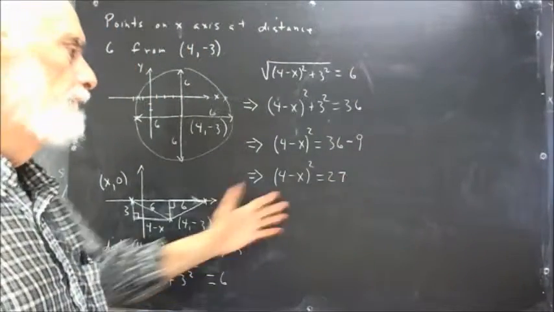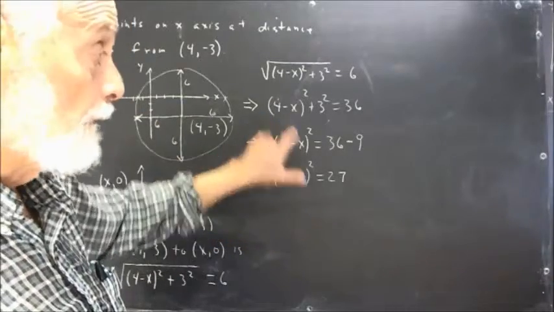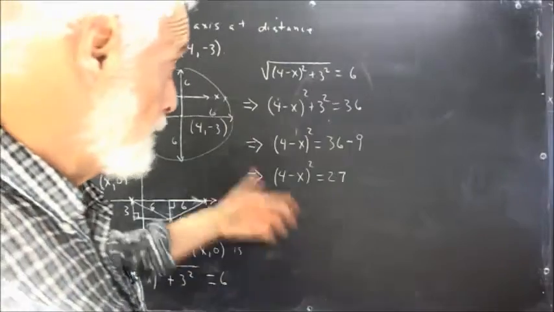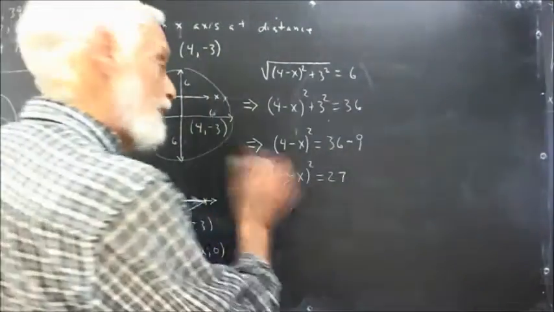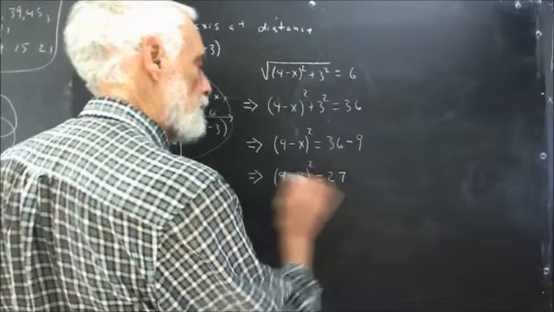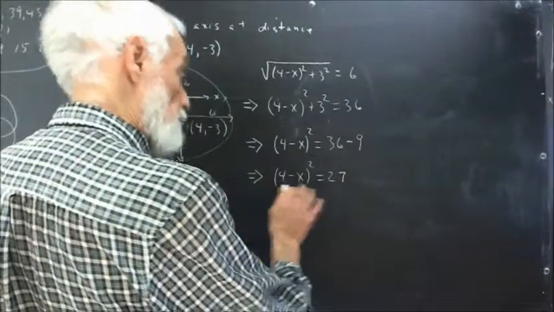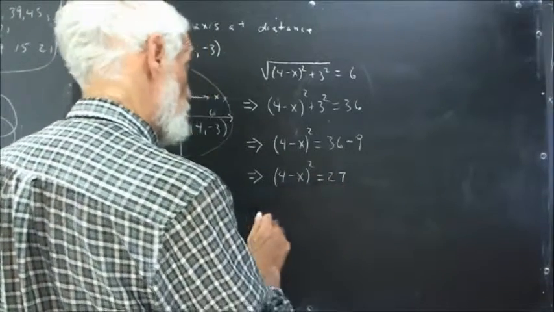Now, what's the simplest thing I can do to this equation? Again, I could square that 4 minus x at any point, get a quadratic equation. Maybe I could factor it, maybe I can't, but the quadratic formula would tell me everything I need to know. But I have something squared equal to 27. To find out what that something is, all I have to do is take plus or minus the square root of 27.